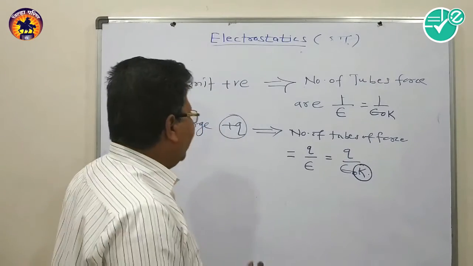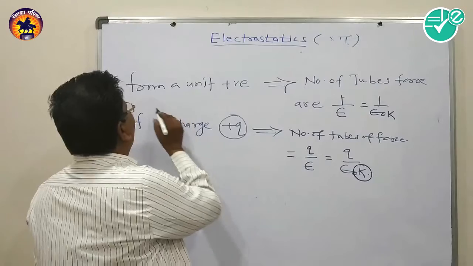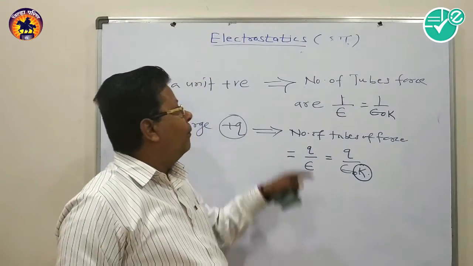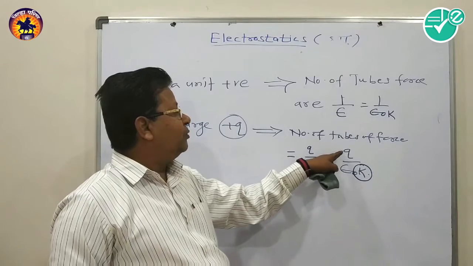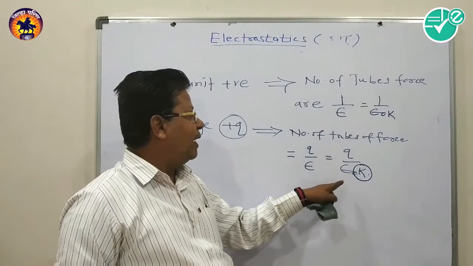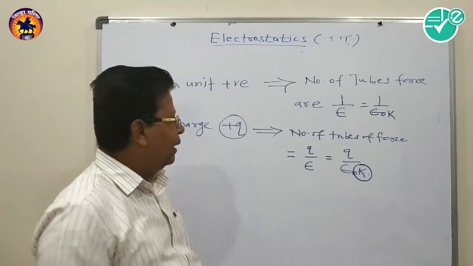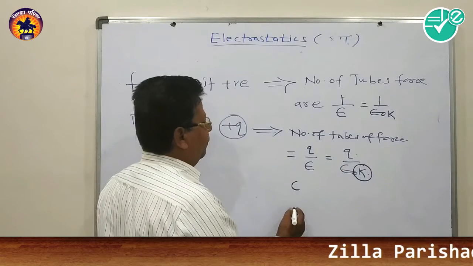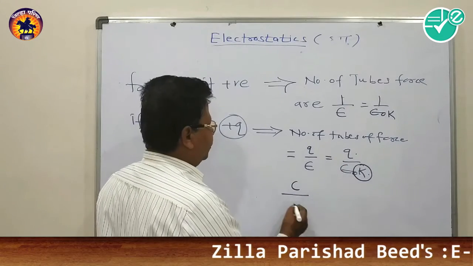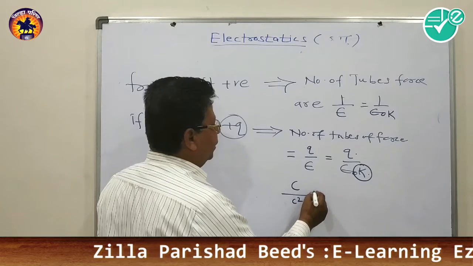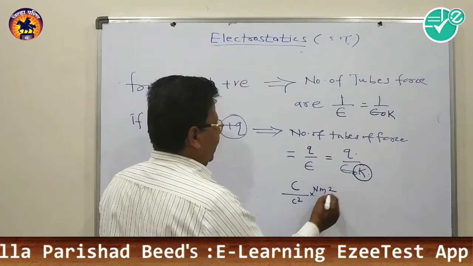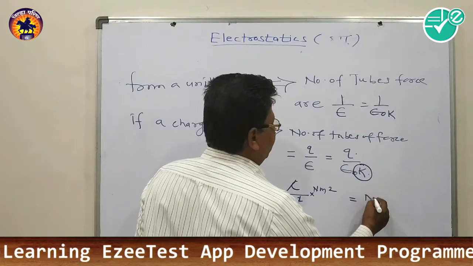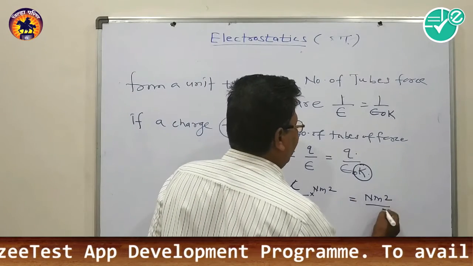The SI unit of this number is obtained from the equation q divided by epsilon 0 k. As the SI unit of charge is coulomb and the SI unit of epsilon 0 is coulomb square per newton meter square, the coulomb cancels, and the SI unit is newton meter square per coulomb.